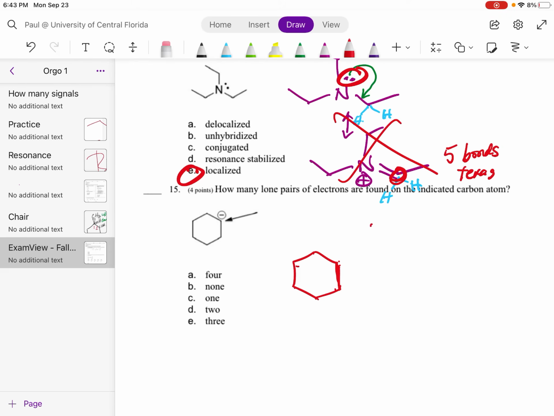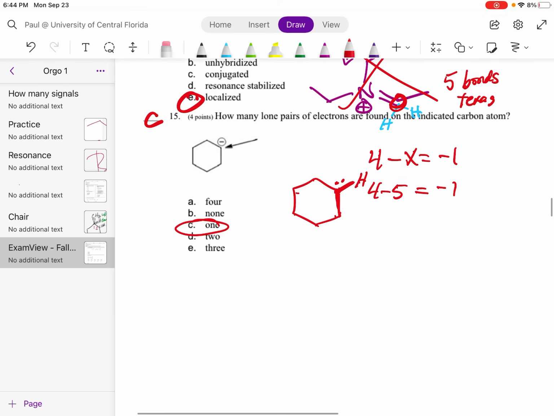We know carbon has 4 valence electrons. 4 minus what equals a -1 charge? Well, we know that would have to be 5, right? So in order to have 5, what groups do we need on there? The only way that would work is if we have 1 hydrogen and a lone pair. And so it only has 1 lone pair. So answer C.